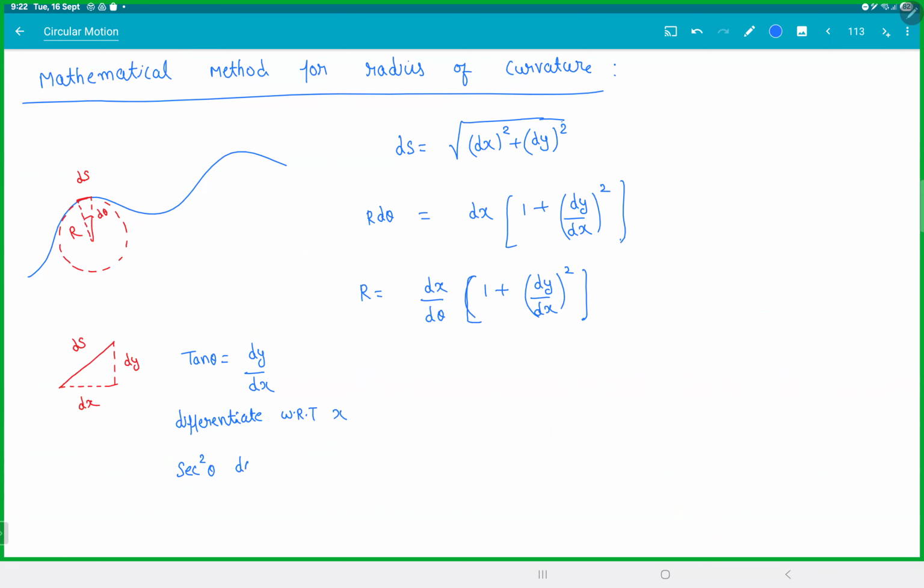Sec square theta d theta by dx will be d square y by dx square. That's a double differential.